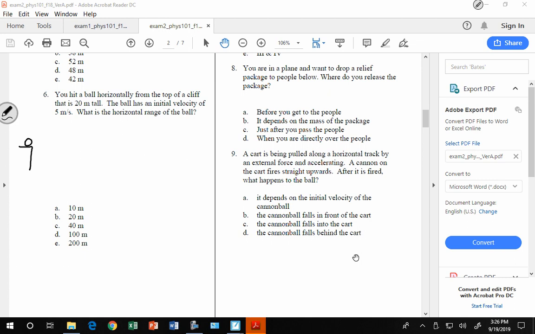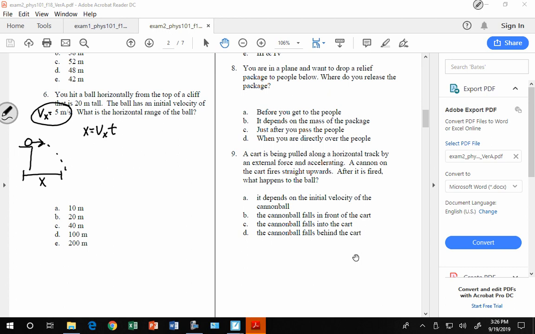If you mess up on these, I want you to mess up on the quiz, not on the test. So I kick a ball off like this, and I want to know the horizontal range of the ball. So I want to know what x is. I know that x is equal to vx times t, so I need to find t. I know what vx is, it's given right here.